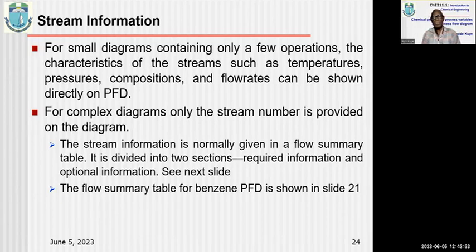But for complex situations, only the numbers are provided on the PFD, and then the stream information is normally given in a flow summary table. So let's look at a typical example of what it looks like for the previous one.